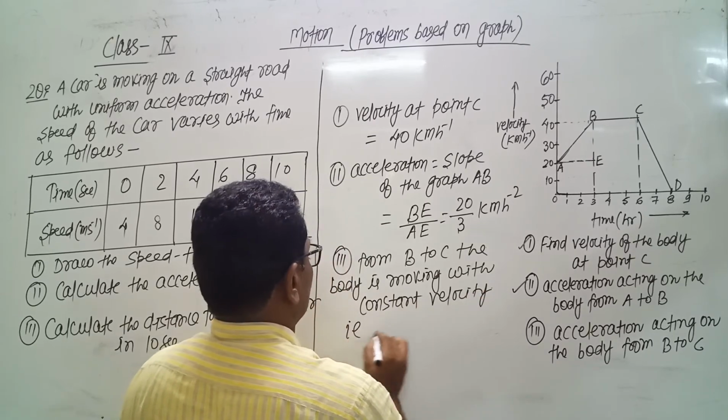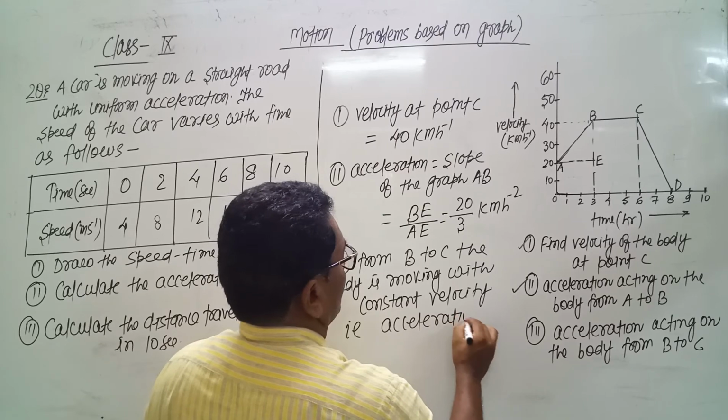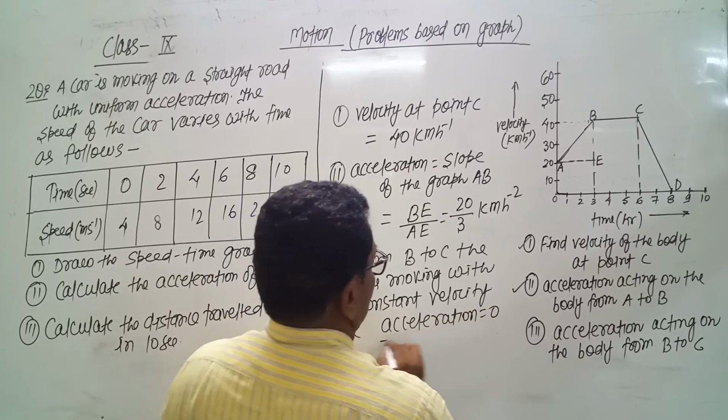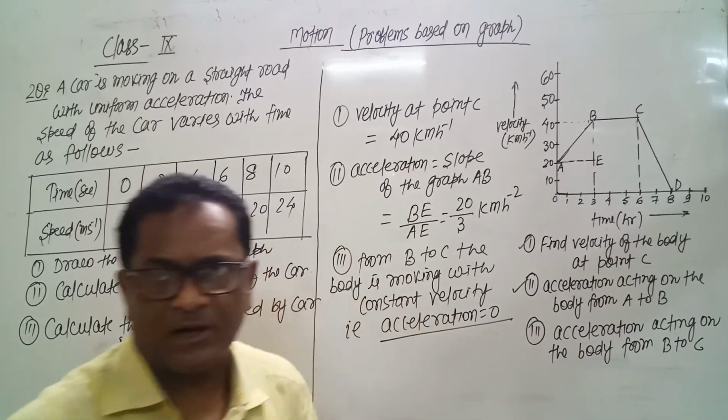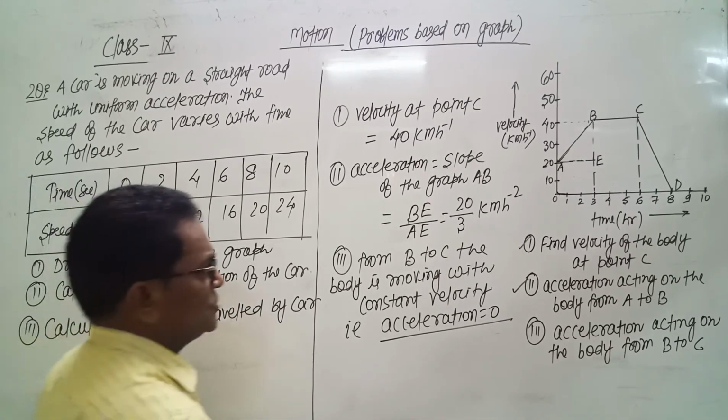That is, acceleration is 0, because there is no change in velocity. Body is moving with constant velocity, means there is no change in velocity, and it means the acceleration is 0.